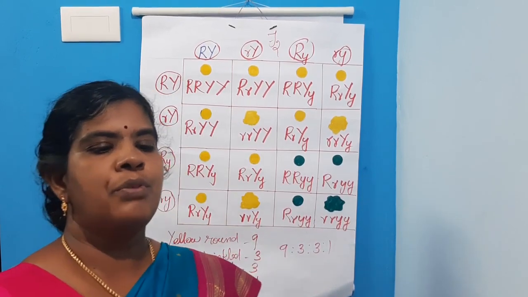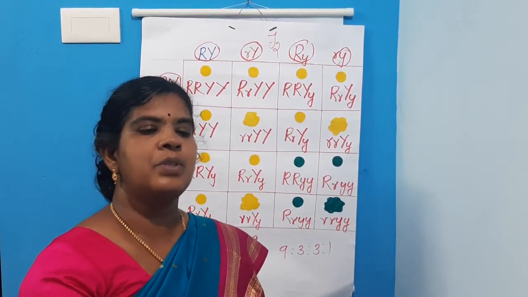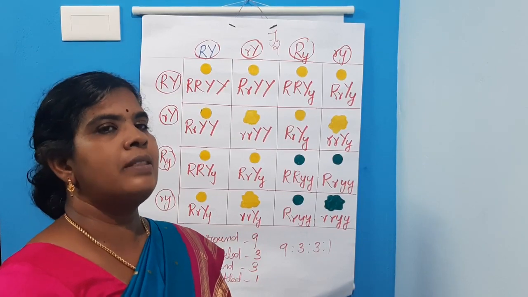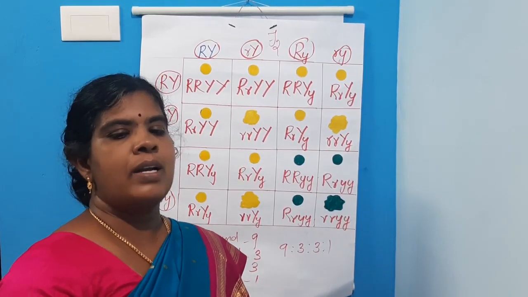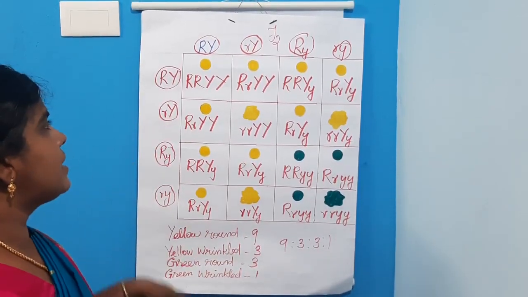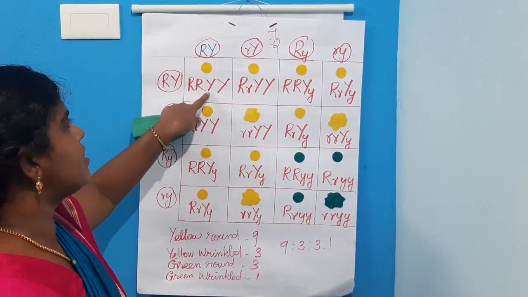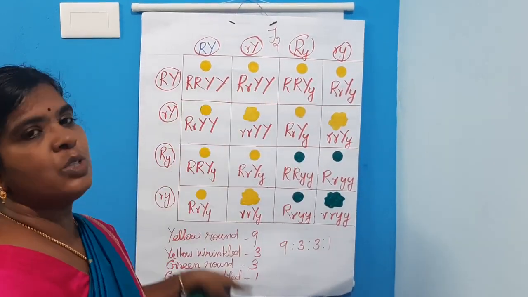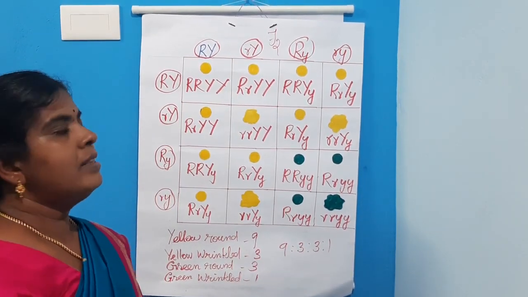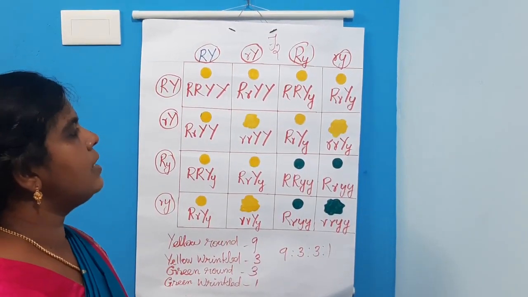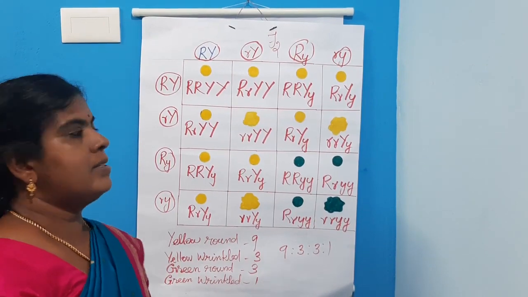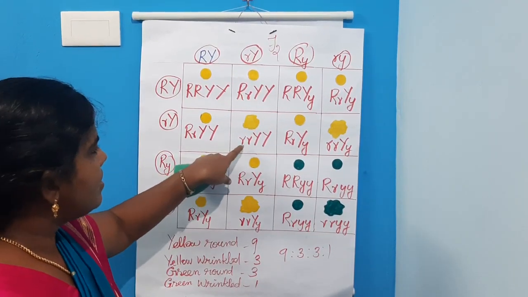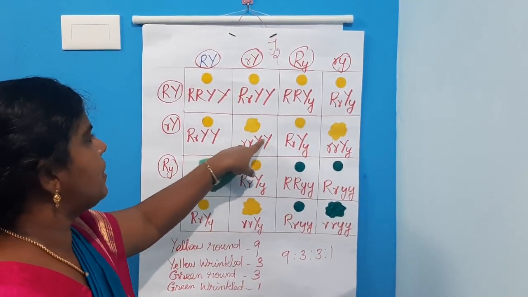The ratio of phenotype in the seeds in F2 generation is 9:3:3:1. 9 with the 2 dominant traits. This dominant character, this also dominant. So 9 hybrids with the dominant character. Then 3 with 1 dominant and 1 recessive. This is recessive character and 1 dominant character.